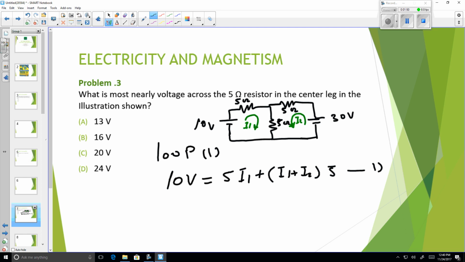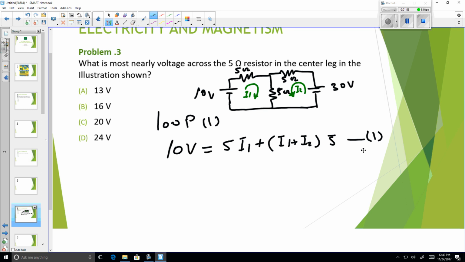This is equation number one for loop number one. You can also write it as 10 volt minus 5 I1 minus (I1 plus I2) times 5 equal to 0, which is clearly the same equation.